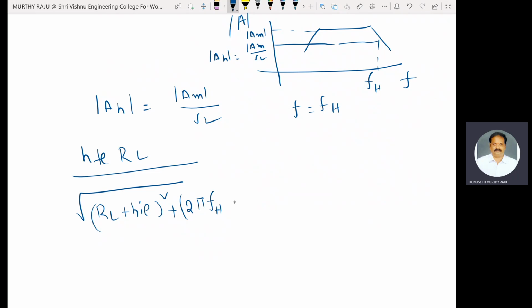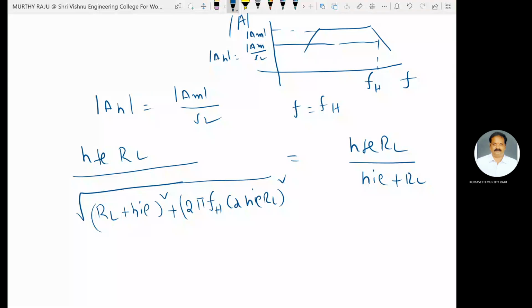Mod AM is equal to HFE RL by RL plus HIE, and this is 1 by root 2. HFE RL and HFE RL is cancelled.